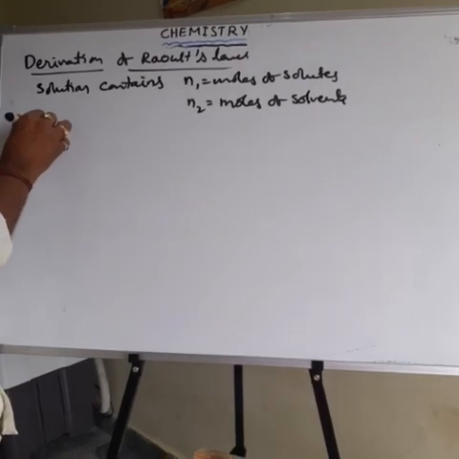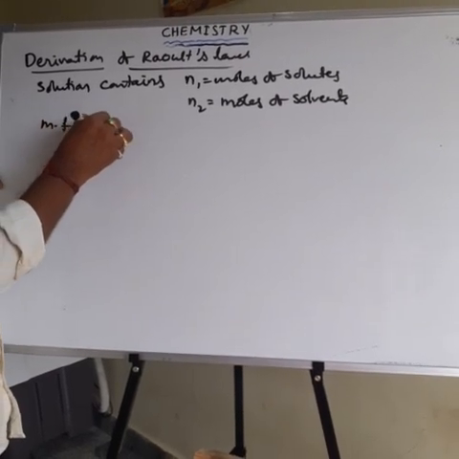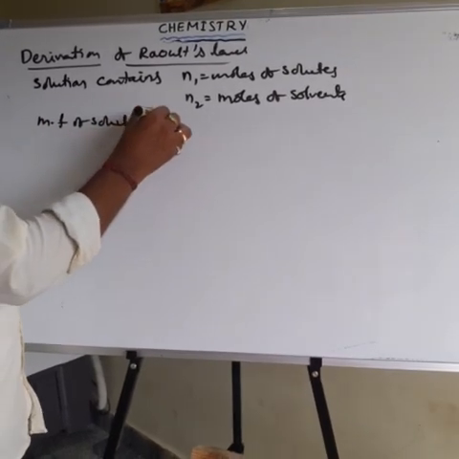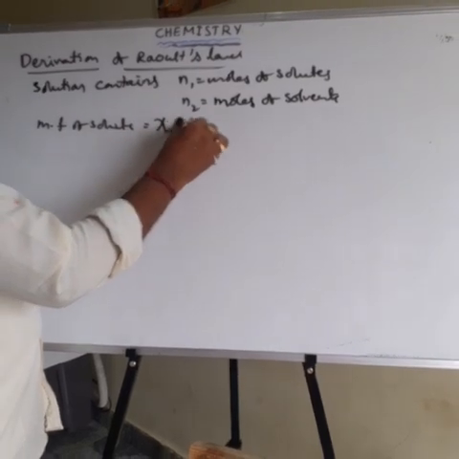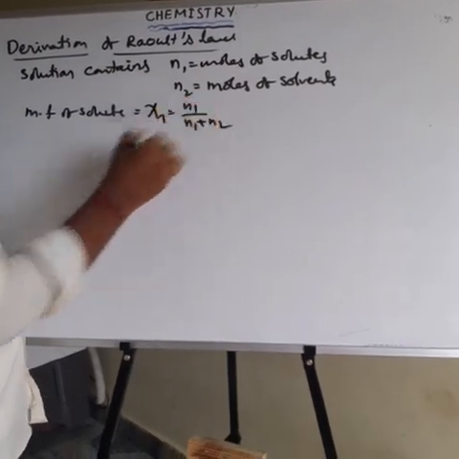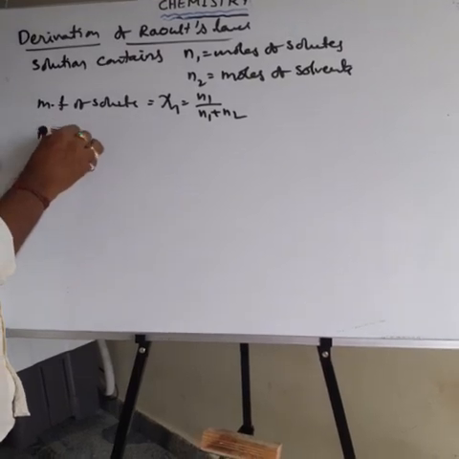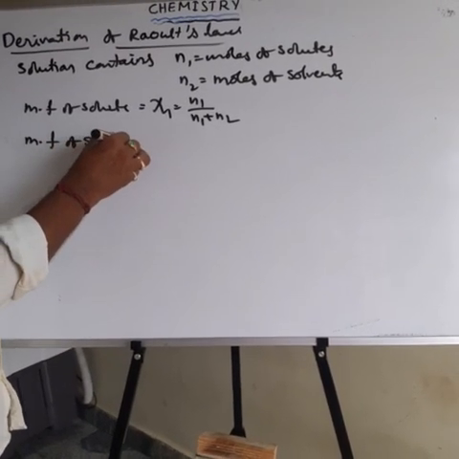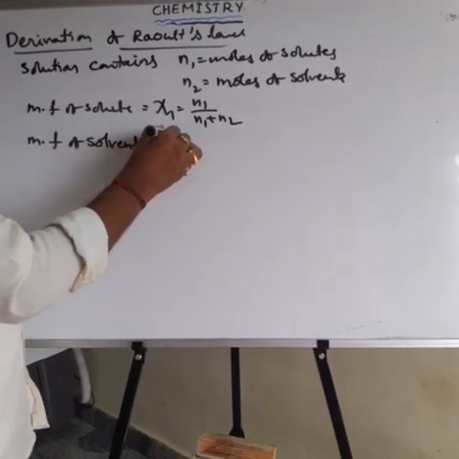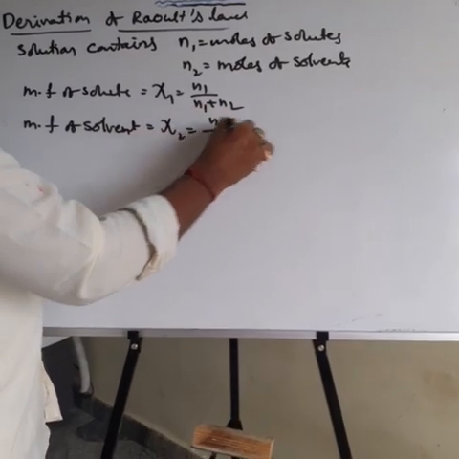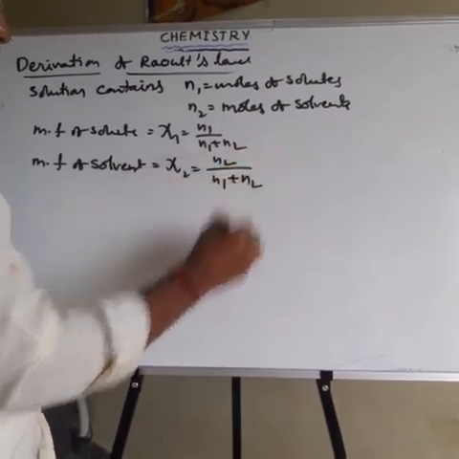Therefore, the mole fraction of solute Xi1 is equal to N1 divided by N1 plus N2. Next, the mole fraction of solvent Xi2 is equal to N2 divided by N1 plus N2.